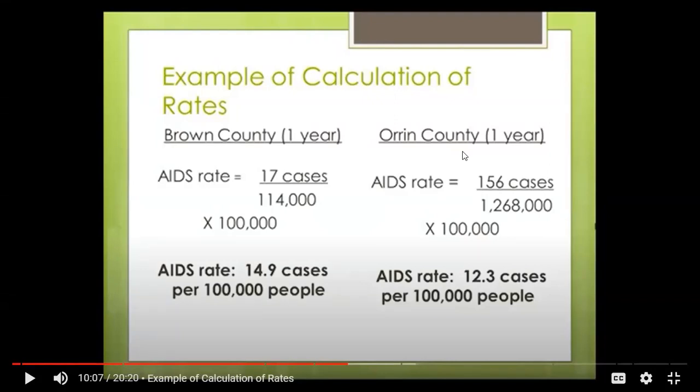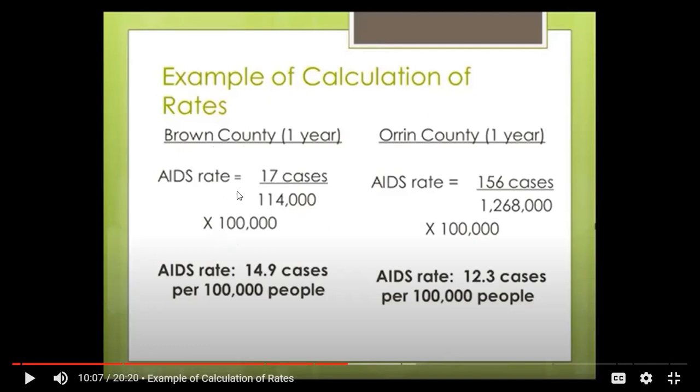So when we go for any kind of epidemiologic calculation of rate, we have to keep in mind the three main elements needed to describe in epidemiology. Epidemiology covers the time, the place, so you see Brown County or Orange County, and also person, right?